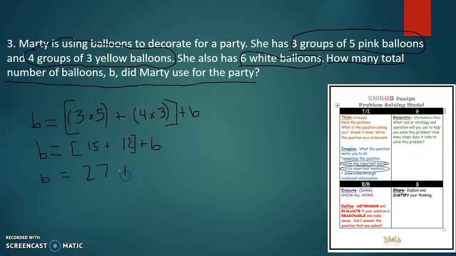So I have 27 plus 6 equals, let's add it out. So 27 plus 6. 6 plus 7 is 13. I put my 3 and group my 1. That's 3. So my final answer is 33. So Marty had a total of 33 balloons at her party.